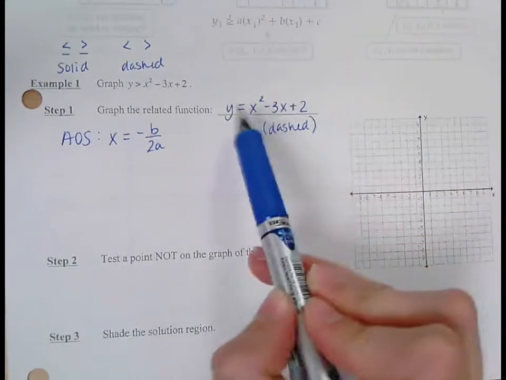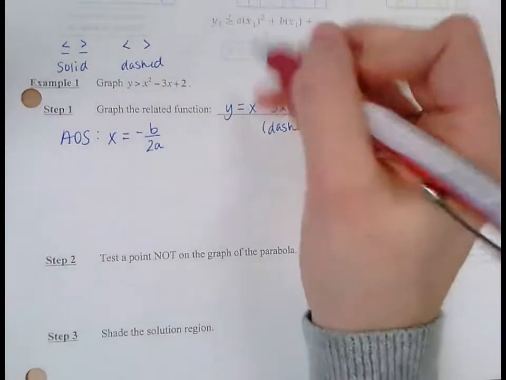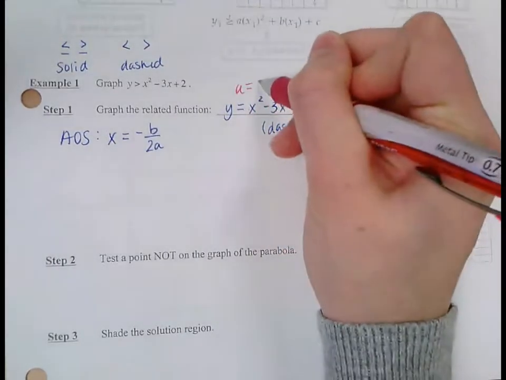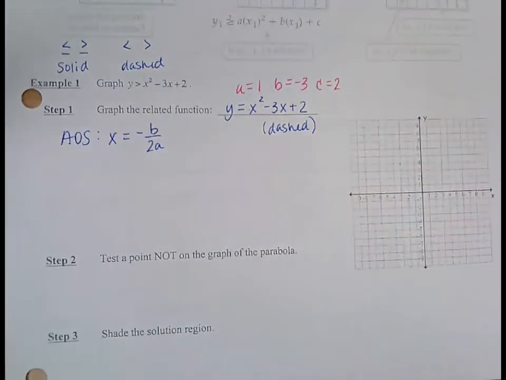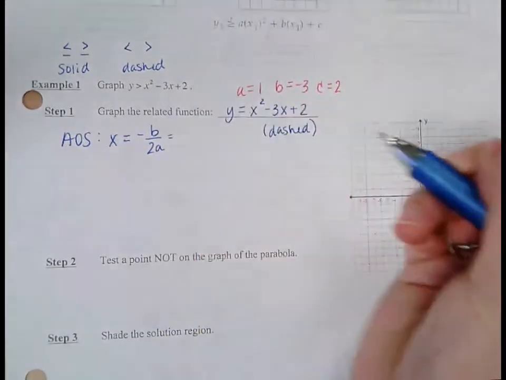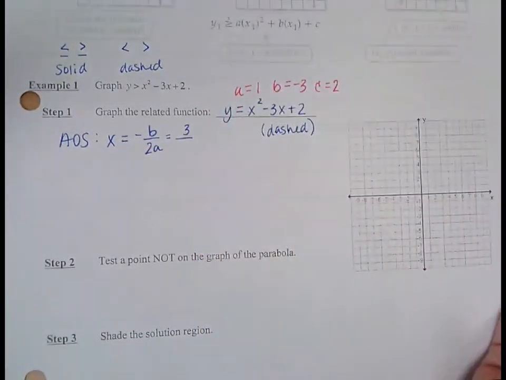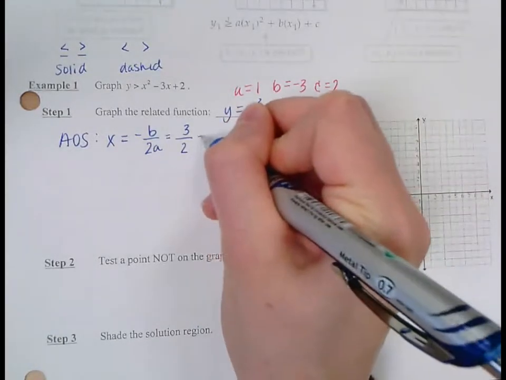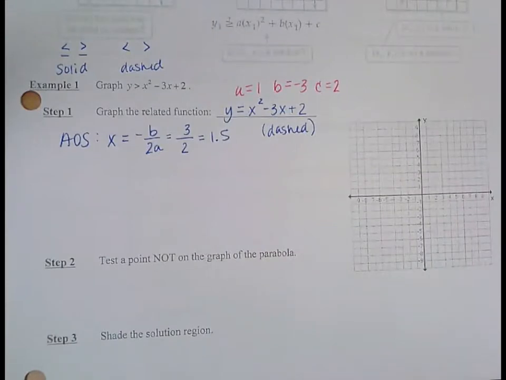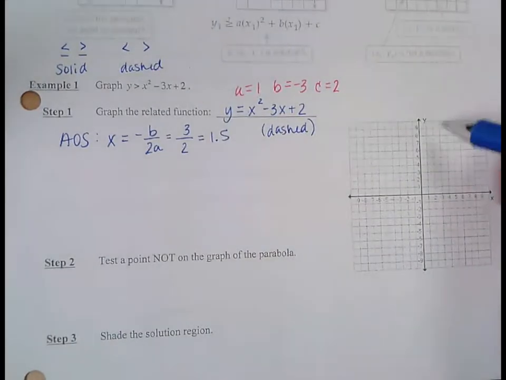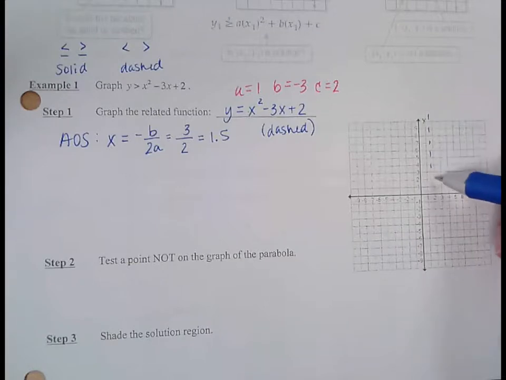So back up to our equation here. What is our a value? 1, b is -3, and then c, we don't need it for that formula, but it's 2 for when we do need it. So opposite of b would be +3. 2 times a is 2 times 1, that's 2. And 3 halves is the same as 1.5. So x equals 1.5. So I can draw in a dashed vertical line through the x value 1.5.